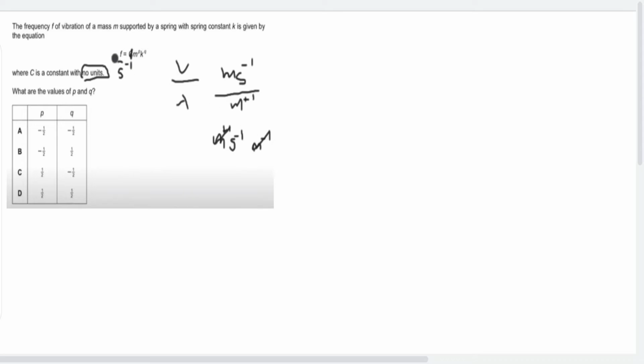So whatever is present here will be present here. The product of this should give me s negative 1. m represents mass, and we know that mass has the SI base unit of kg. And k represents spring constant. Spring constant has the formula of force over extension. And force is, as we know, kg m s negative 2, over extension.